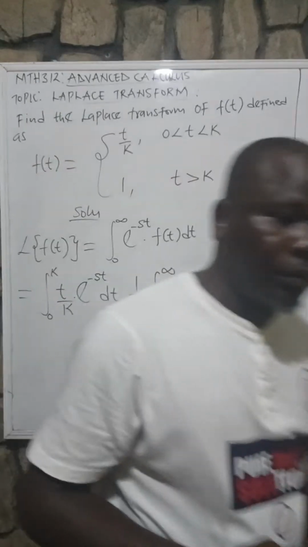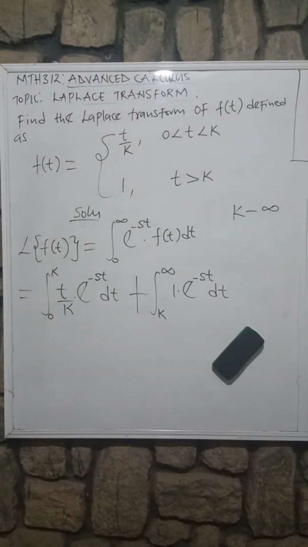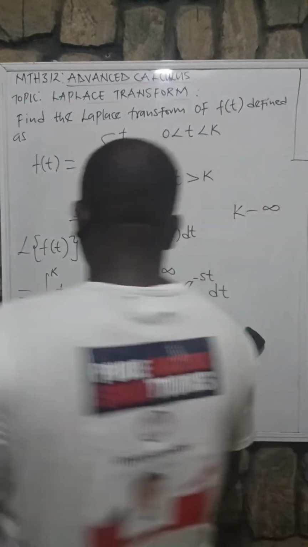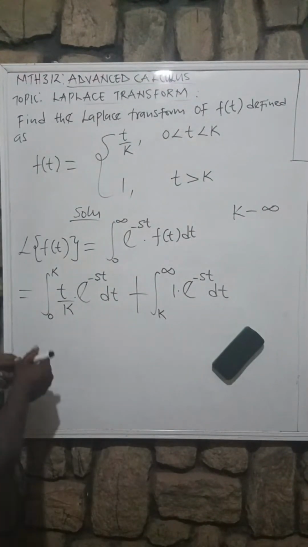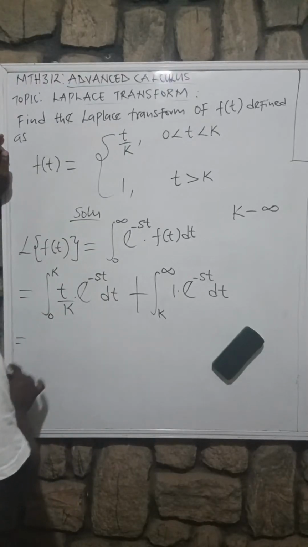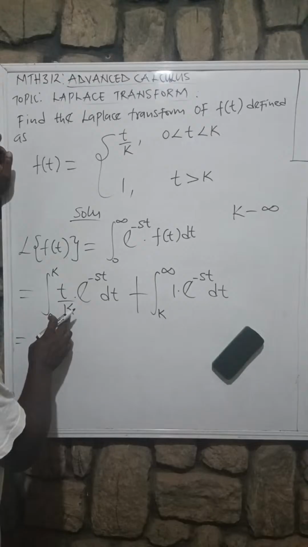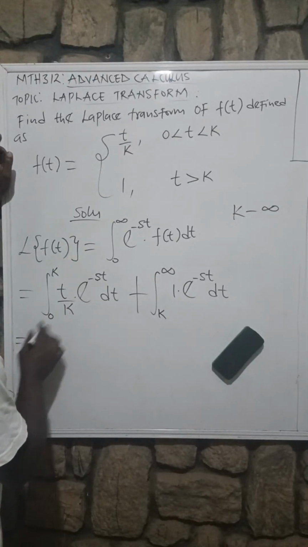Can you see now? So we want to integrate. Let's go ahead to integrate this function. We can factor out 1 over k.